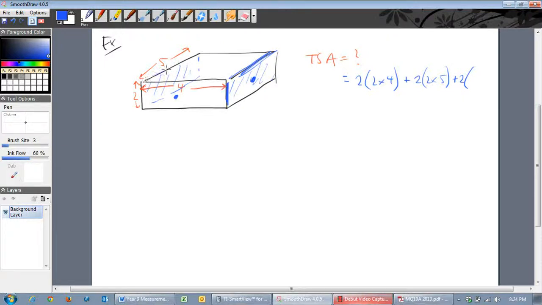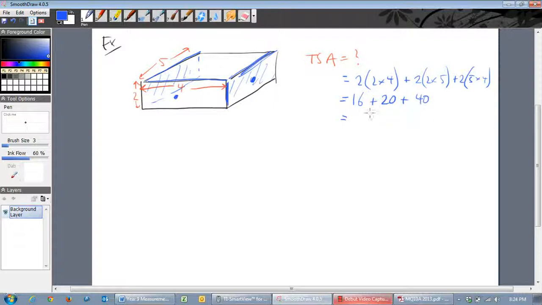What will that area be? It will be this length here, 5, times this length here, which is 4. So 5 times 4. Good. That's 2 times 2 times 4, that's 4 times 4, that's 16, plus 2 times 2 times 5, that's 4 times 5, that's 20, plus 2 times 5 times 4, which is 10 times 4, which is 40.